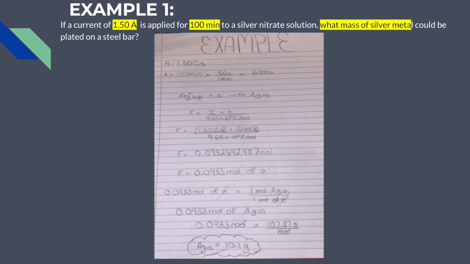However, you still need to find your grams. So what you do is you now times your 0.0933 moles of silver solid times the grams. So your 107.87 grams divided by moles to get your mass of silver metal. It should be 10.1 grams.